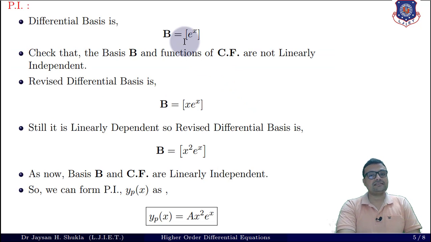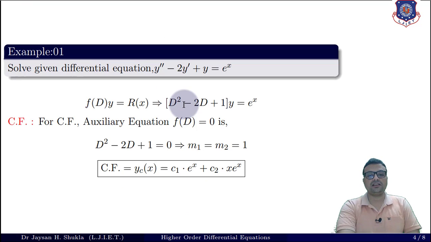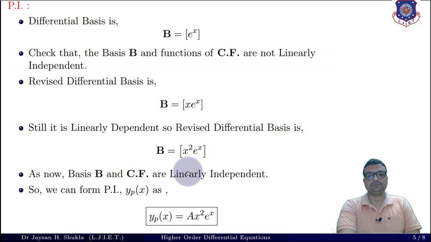Now let us check whether there is any repetition or dependency between this element and the elements of the CF. We can see clearly that the element of the basis is e raised to x, and there is repetition in the complementary function, that is e raised to x. So we need to revise our differential basis.